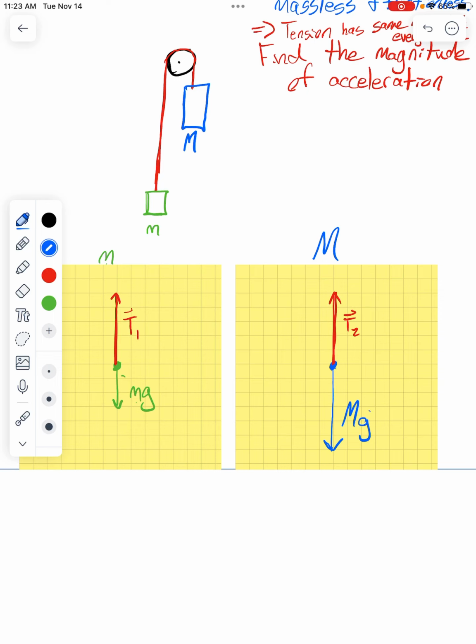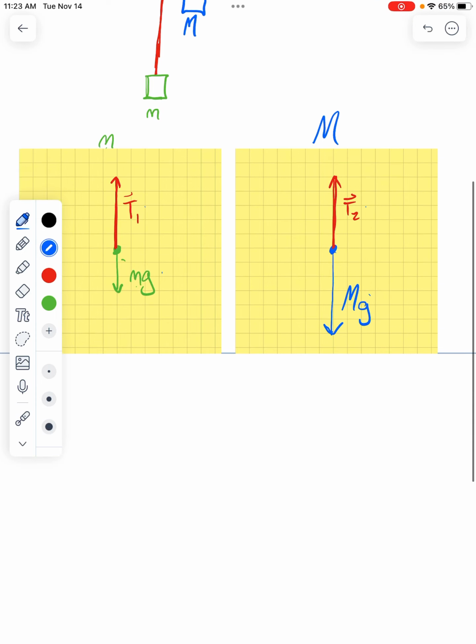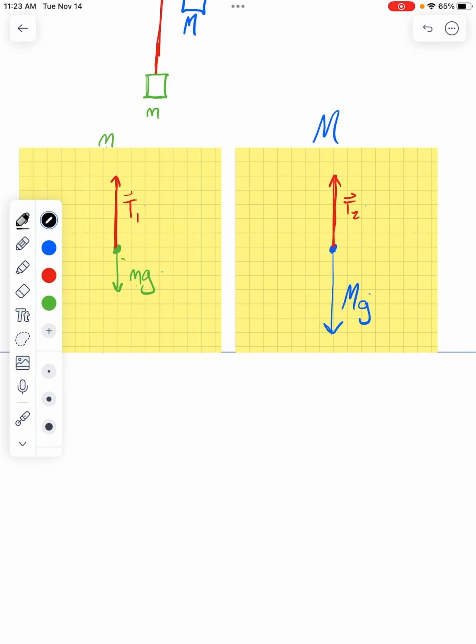And that way we have more weight pulling down on big M than we have tension pulling it up. We have more tension pulling up on little m than we have weight pulling it down. I am going to complete tau charts for these two, and the reason for that is to make sure that we know what our constraints are, what forces are equal.